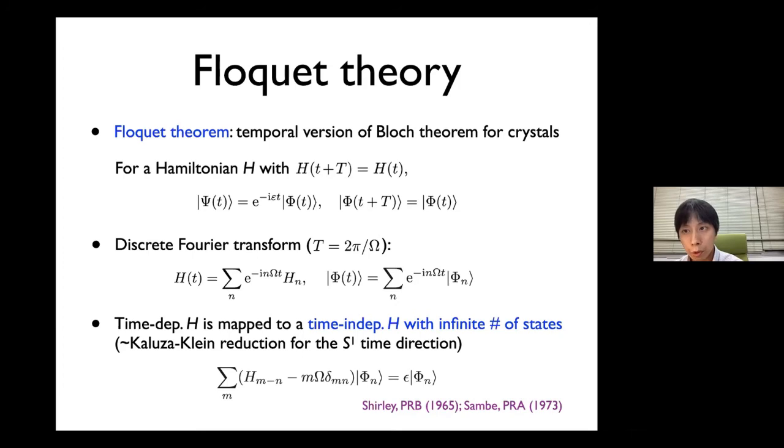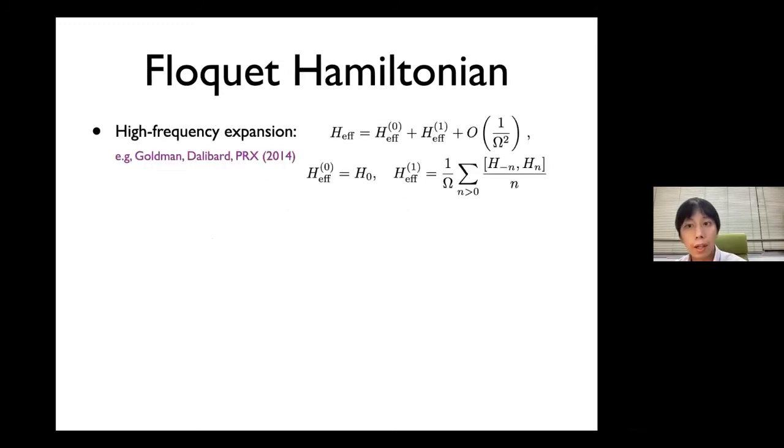In order to proceed further, we need to make some kind of approximation. If we are interested in the long time scale, much larger than the period of the laser field, then we can solve this theory perturbatively in terms of the expansion of 1 over omega, where omega is the frequency of the laser field. This is very similar to the usual technique of perturbation theory in quantum mechanics.